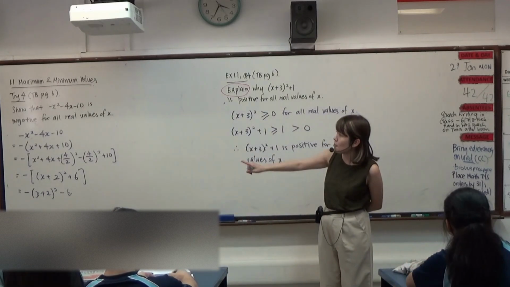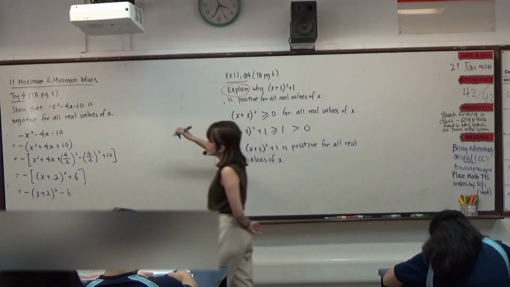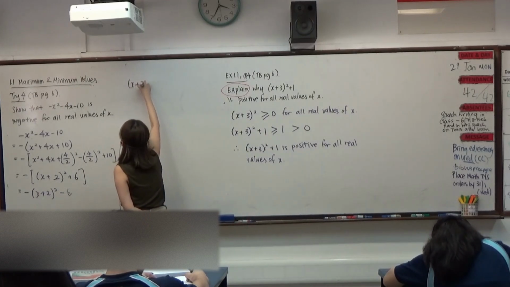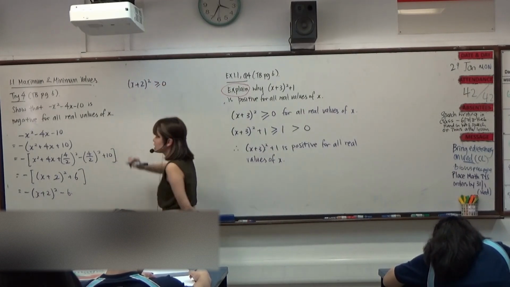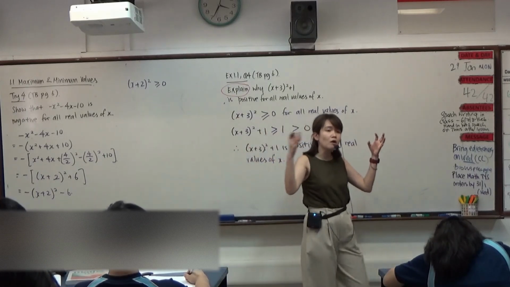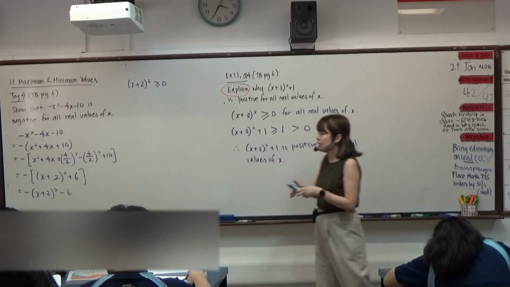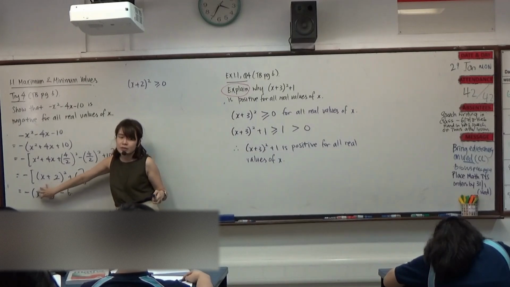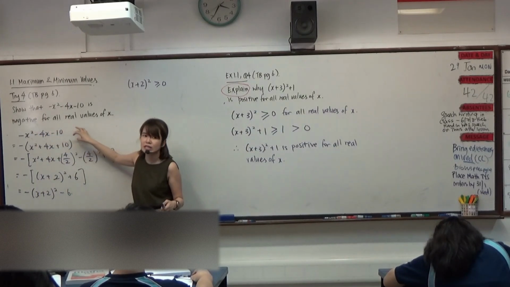Okay, so with our completed square form like that, now we know that this is more than or equals to 0. We have placed all the x variables into this part here rather than having it individually.